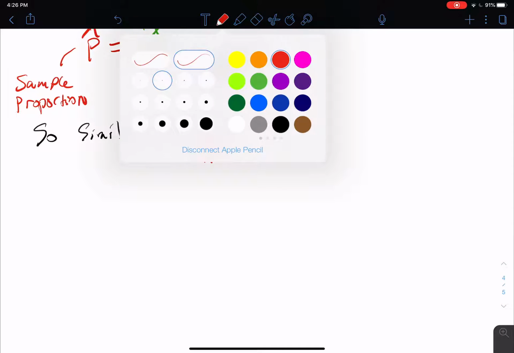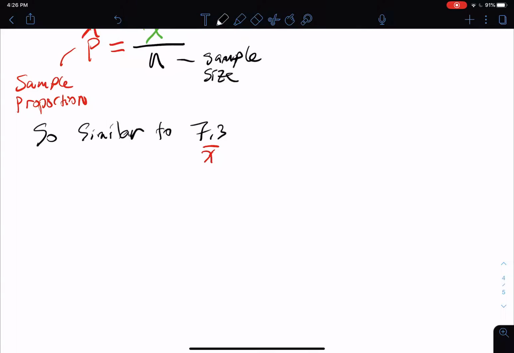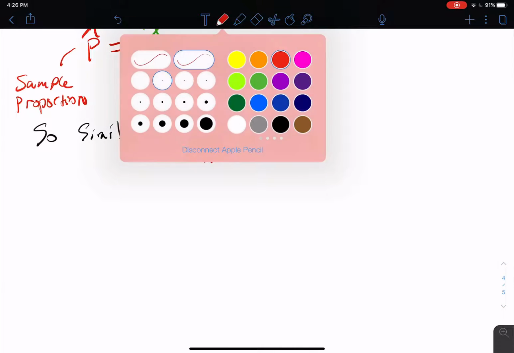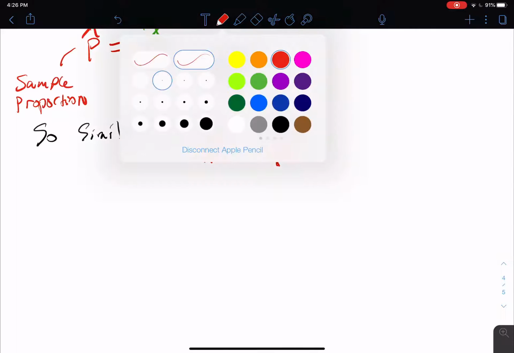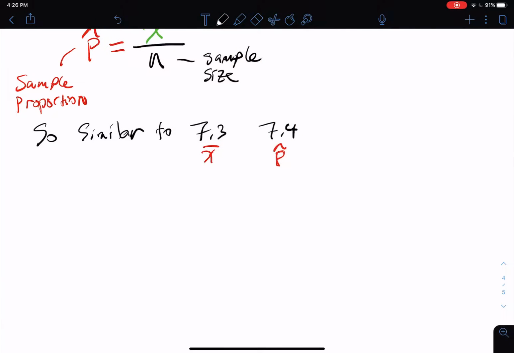Similar to that, on 7.4 we have these p hats, which are sample proportions. What also comes with that is that the central limit theorem for 7.4 holds true as well.